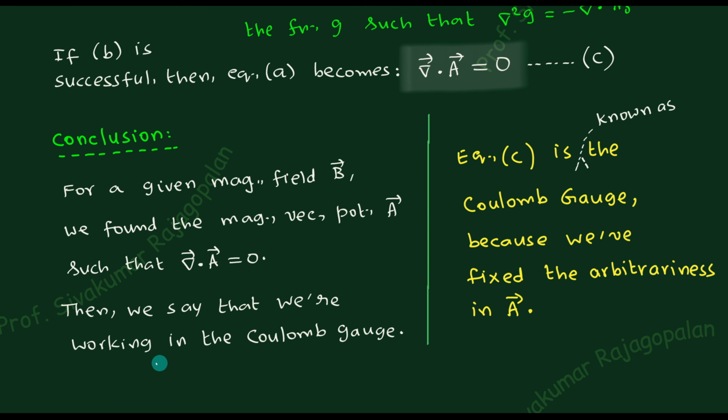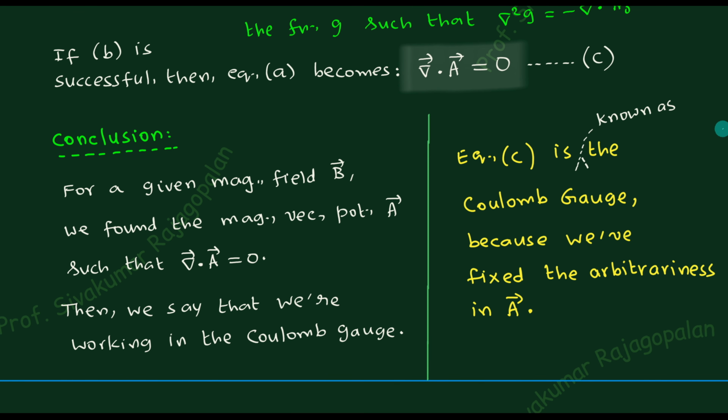It is not that we are doing any experiment with the A. There is no experiment with capital A. It is all mathematical calculation based on vector calculus, ultimately to understand the original magnetic field. So if we fix the divergence of A equal to 0 and then try to understand the magnetic field, then we say that we are working in the Coulomb gauge. That is technical language, and that's what I have written here.